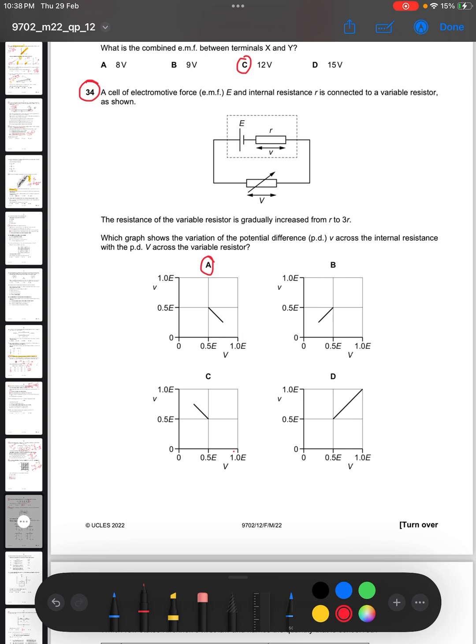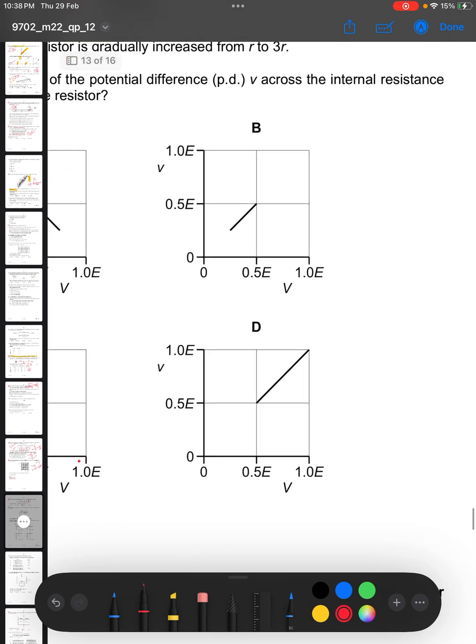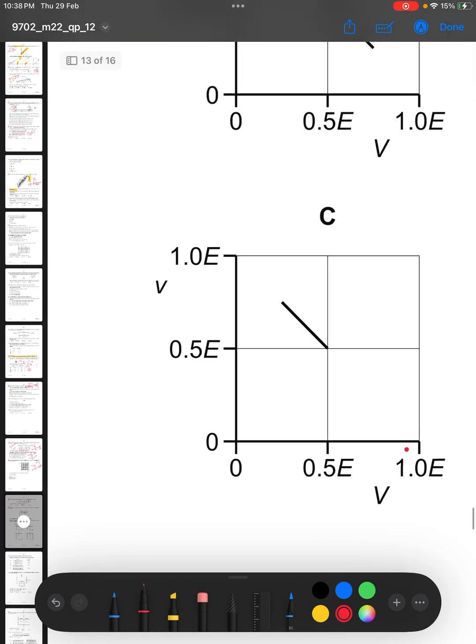So if we check D here, at this point we have one which is EMF E and one here. So this adds up to 2E. They are not adding up to E, which they should. If we check this one, 0.5 is fine, it adds up to E. But if I come here, this will probably not add up to E as we would want.